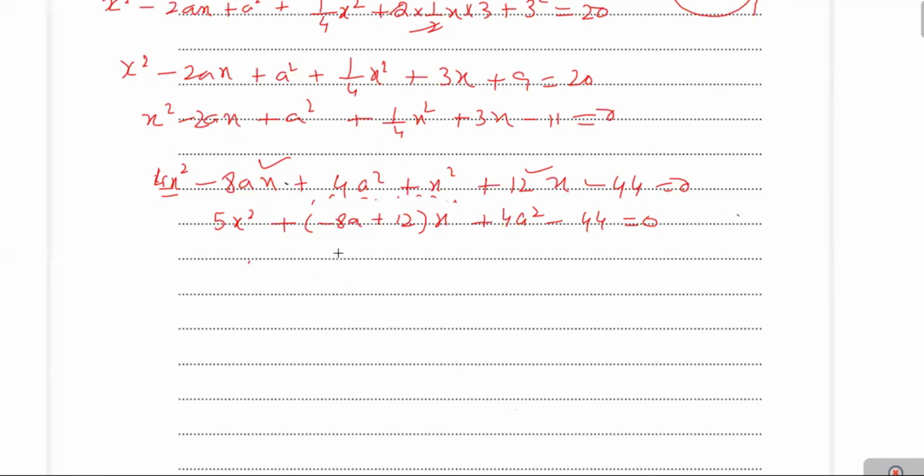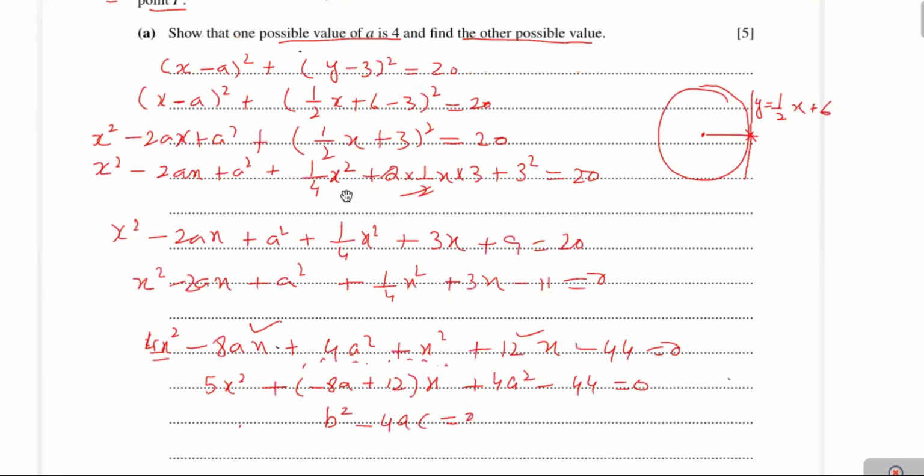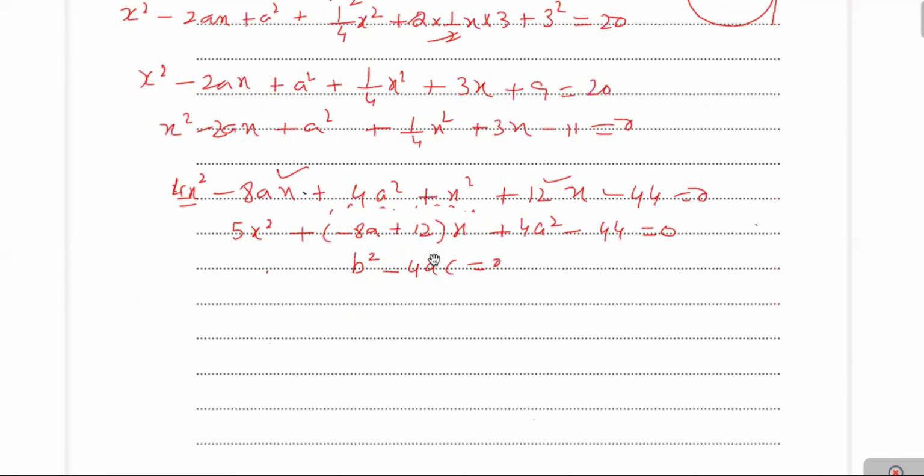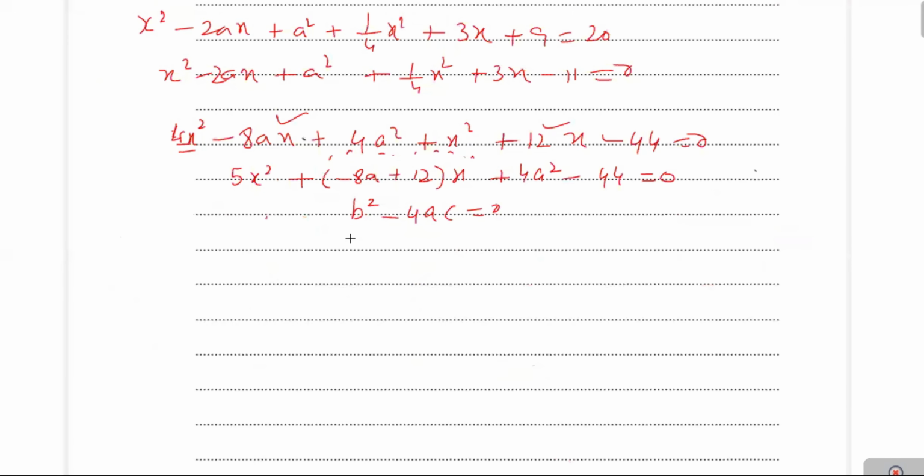Therefore, the discriminant for the value of a will be equal to 0. b square minus 4ac will be equal to 0 to find the value of a. Now we put the value of b here, which is minus 8a plus 12 whole square, minus 4 into a is 5 and c is 4a square minus 44, equal to 0.